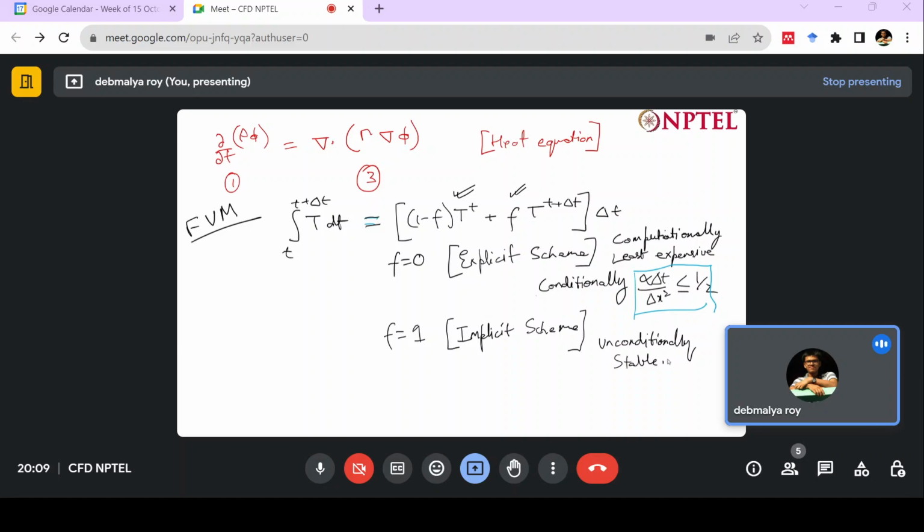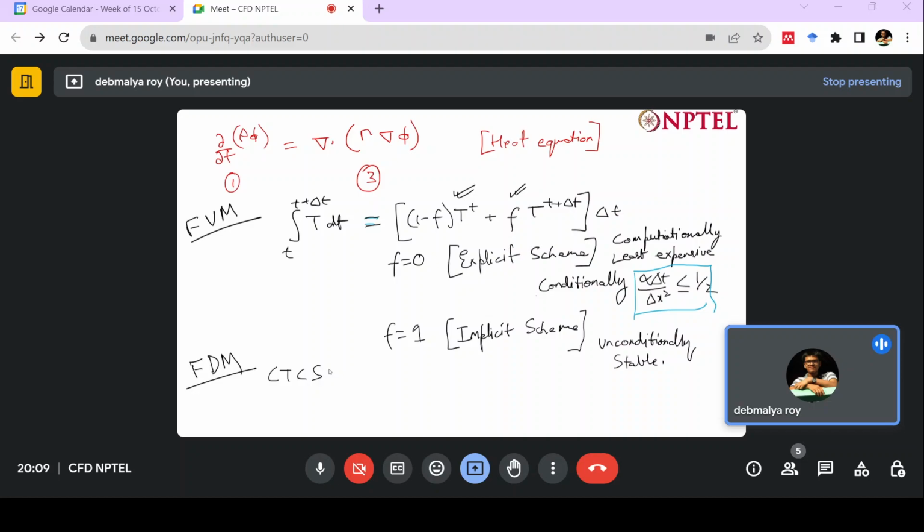Another scheme is Crank-Nicolson, which has a middle ground, f is equal to 0.5. So that is also there. Other than that, you can also have finite difference method schemes. One is CTCS, which is central in time, central in space. If you remember, in the finite difference method we used Taylor series to find out the space discretizations previously.